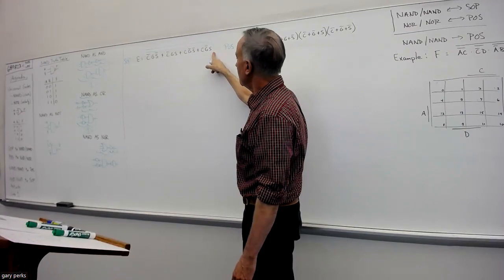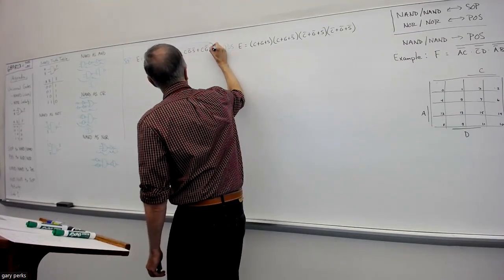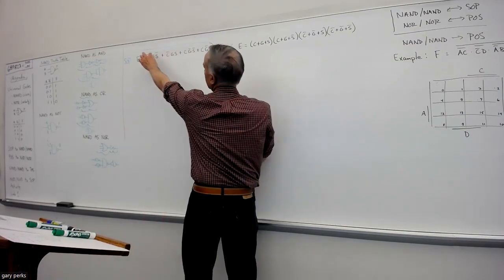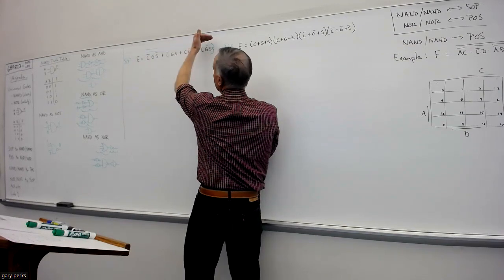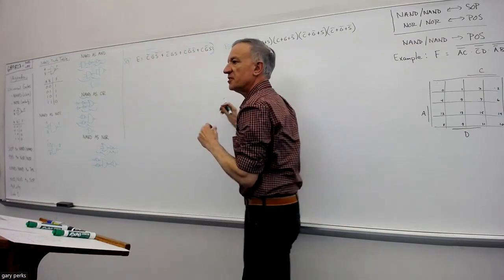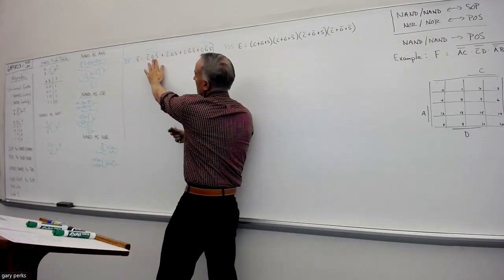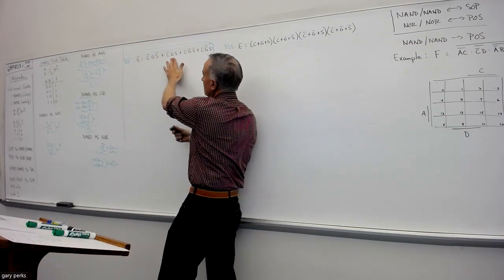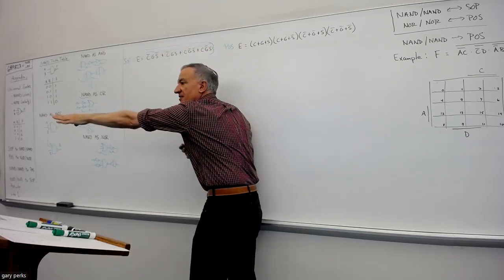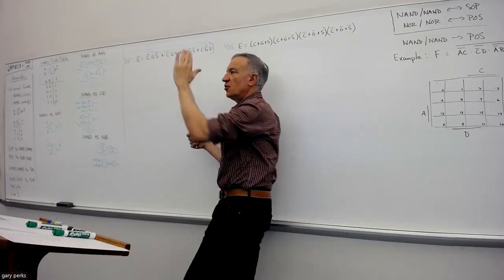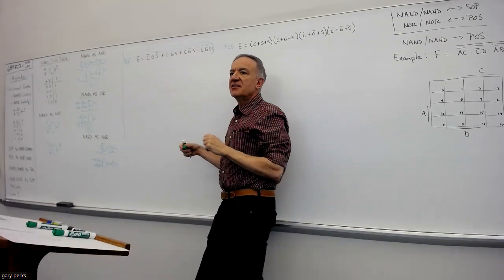Now on this side of the equal sign, we're just going to look at this bar here and what's written below it, ignoring the top bar for the moment. If you look at this, you have this term ORed with this term, ORed with this term, ORed with this term, and then the whole thing's knotted. If you're ORing and then knotting the whole thing, what kind of gate is that?